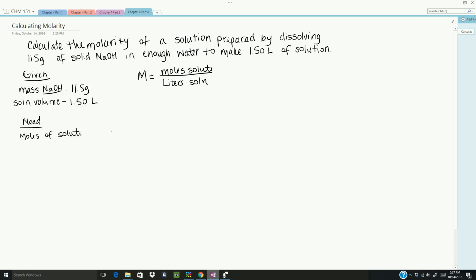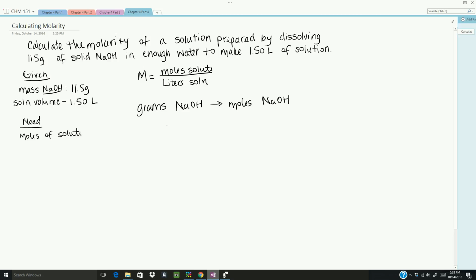So first, we need to convert the grams of sodium hydroxide to moles of sodium hydroxide. We do that by using molar mass, so now we need to calculate molar mass.